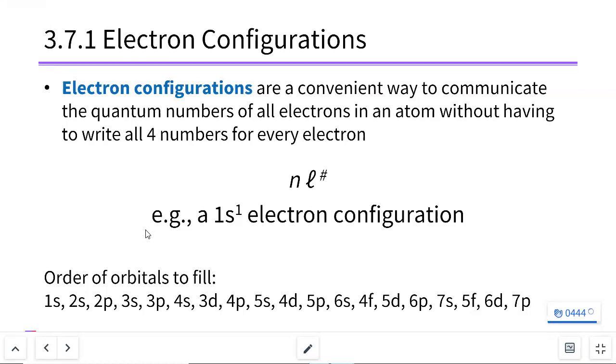Electron configurations generally follow a given format. That given format takes those first 2 quantum numbers, the energy level and the sublevel, and puts them together along with a number written as a superscript to represent the number of electrons in that sublevel.